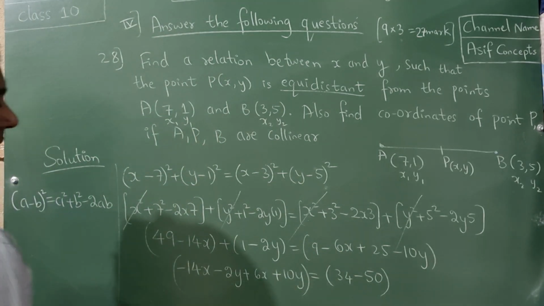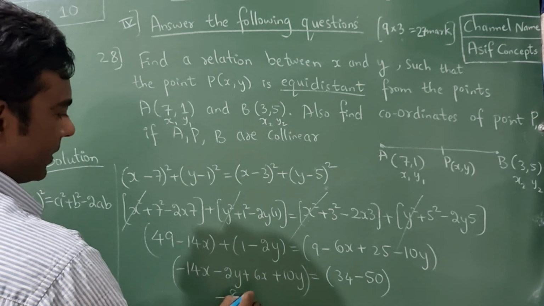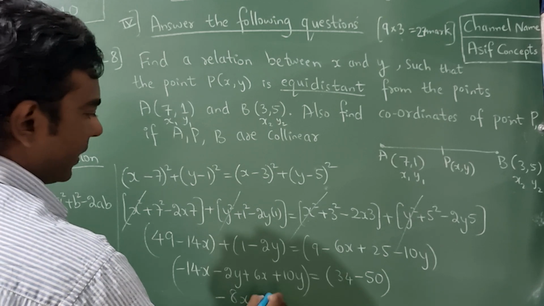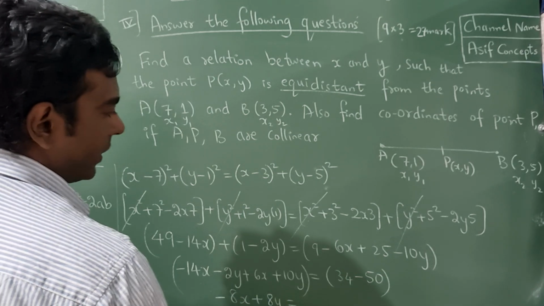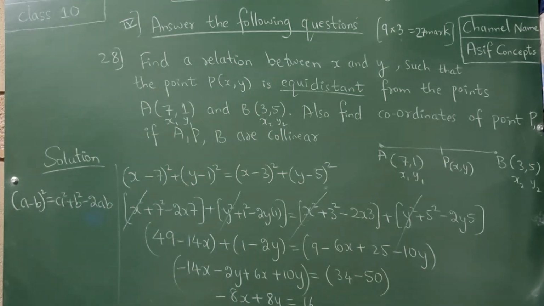So if I subtract this, it will be minus 8x plus 8y is equal to 16. Fine.